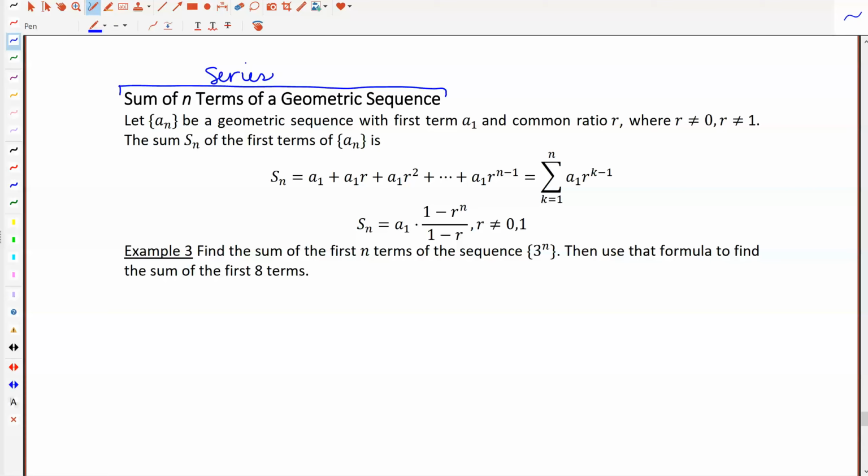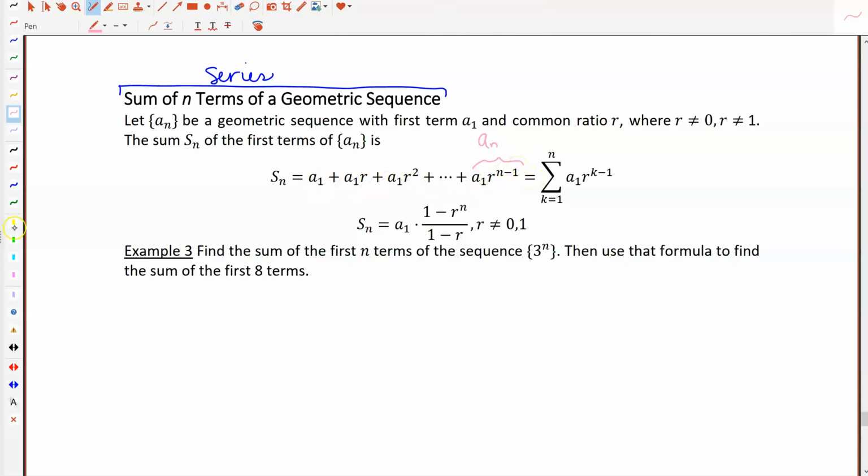If we have a geometric sequence with the first term a sub 1, the second term a sub 1 times r, and so on through the nth term, and we just talked about this, the formula for the nth term, a sub n, is equal to a sub 1 times r to the n minus 1.